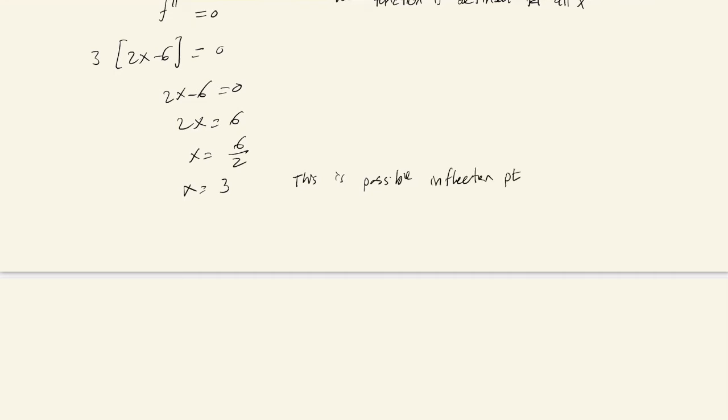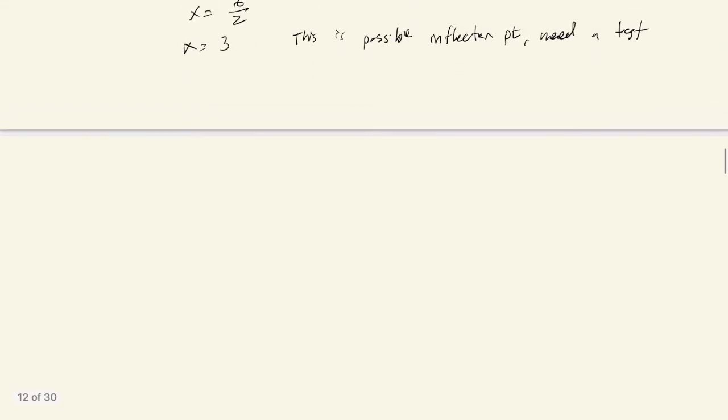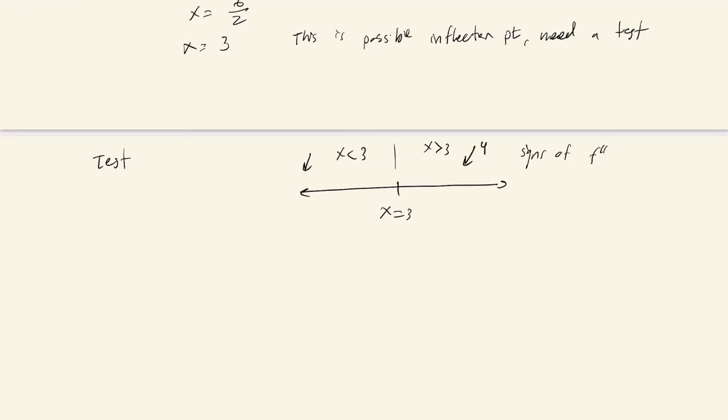In this test, I'm going to take values that are larger than x equal to 3 and lower than that, and I want to know the signs of the second derivative. If the sign changes, then it's an inflection point. If not, then it's not an inflection point. So this is the x-axis. I mark our possible inflection point, and then I take values that are larger and lower than it.